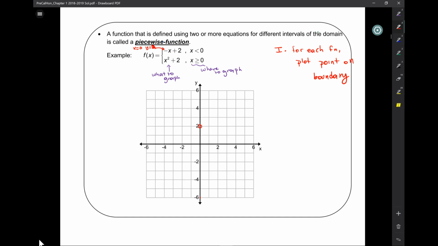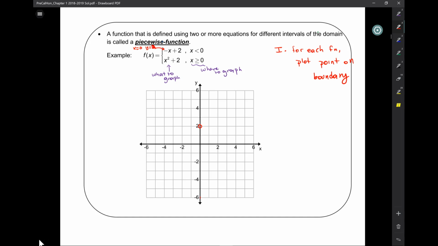Okay? When x is 0, how much is the bottom function? 2. Also 2, right? Okay, so now let's just stay with the top function. This is a line. So now you just have to graph that line somehow, right? And you've got all of these tools under your belt right now to graph a linear function.